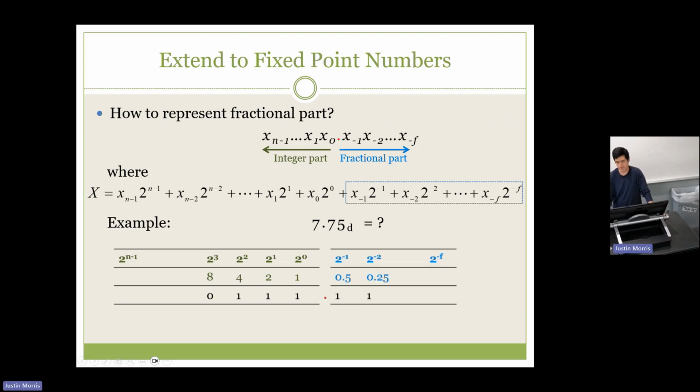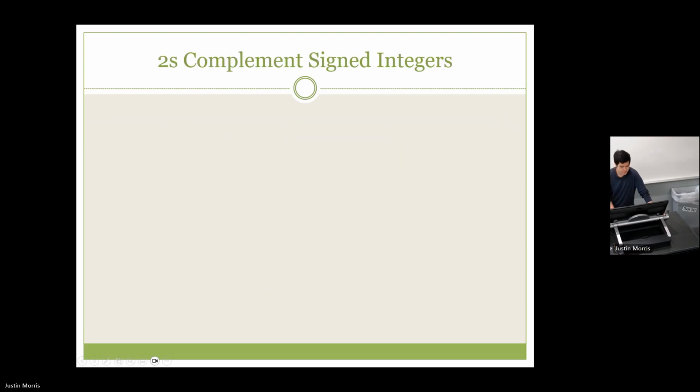So we need 0.25. And if we add those up, we get 0.75. So it's zeros for the rest. So if we wanted 7.75, it's just 111.11. So those of you that haven't seen fixed point before, does it make sense? Yeah.